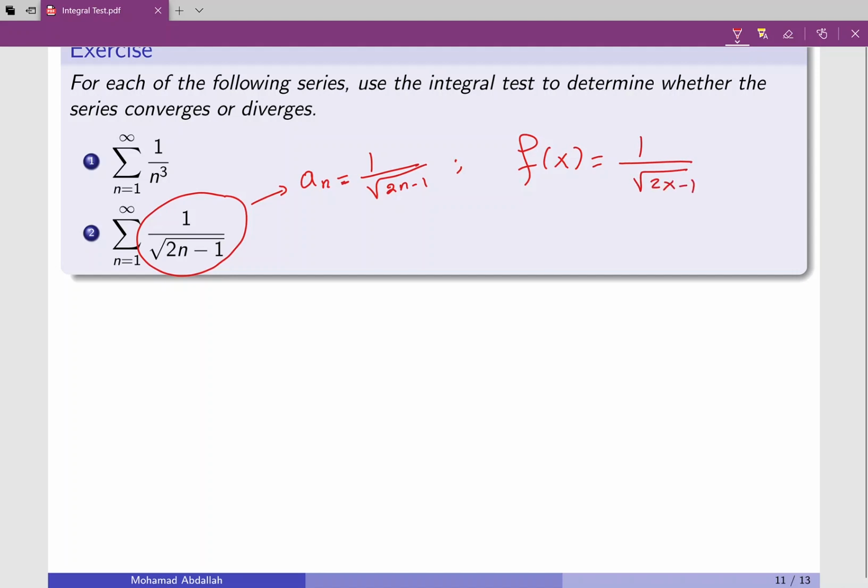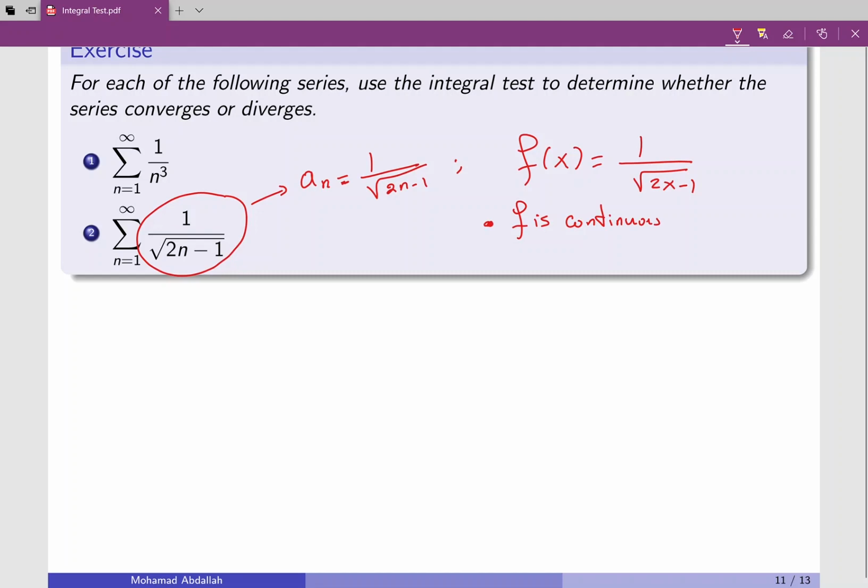I have to make sure of three things first. Is f continuous from 1 to infinity? Well, here I have a problem when the denominator is 0. The denominator is 0 when x equals 1/2. This is not in my domain. So f is continuous, and always the radicand is positive when x is bigger than 1/2.